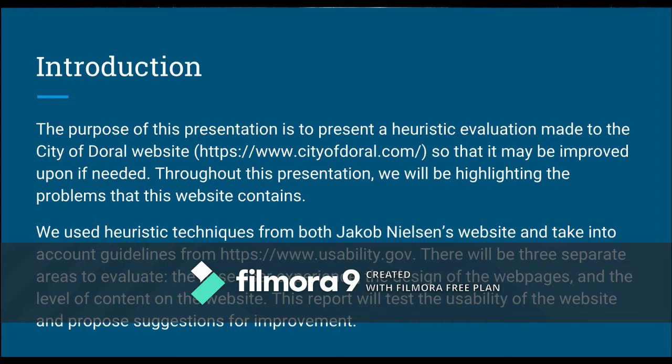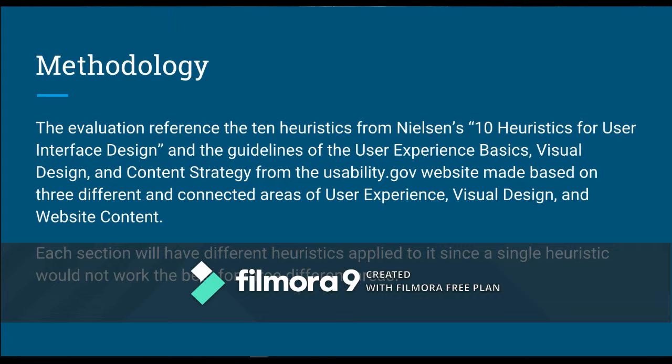There will be three separate areas to evaluate: the base user experience, the design of the web pages, and the level of content of the website. The report will include the heuristics used to evaluate the website, information on the problem areas and how they might be improved. It will also contain the conclusion we arrive at in order to finalize the report.